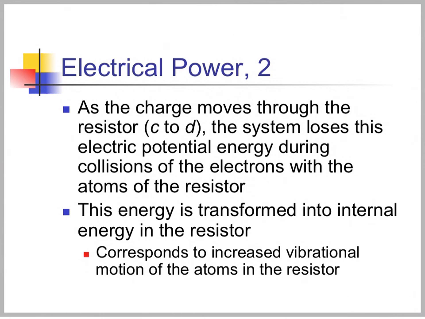As a charge moves through the resistor from C to D, the system loses this electrical potential energy during collisions of electrons in the resistor with the atoms of the resistor. That energy is transformed into internal energy or heat in the resistor. So it corresponds to increased vibrational motion of the atoms in the resistor.